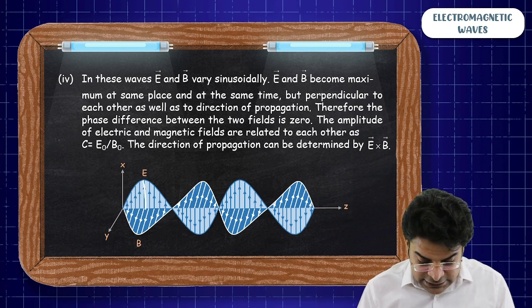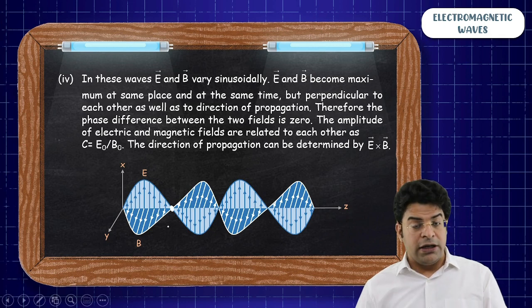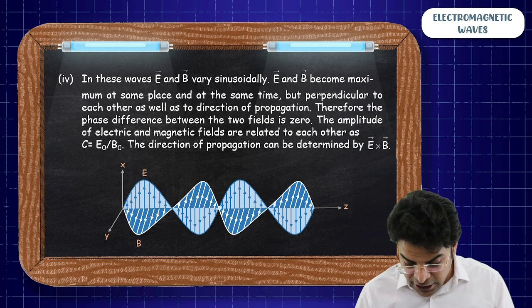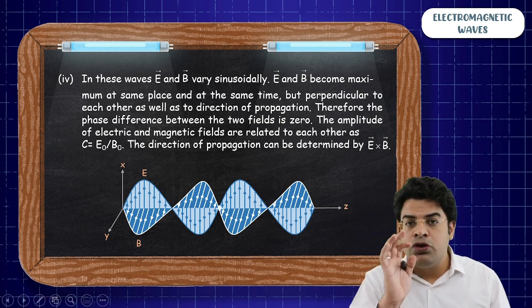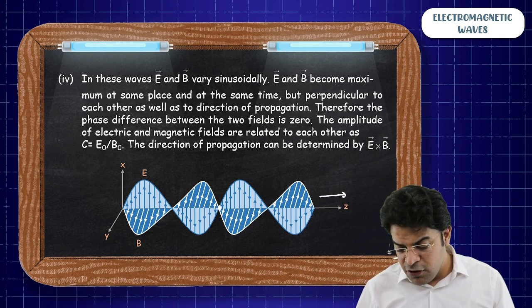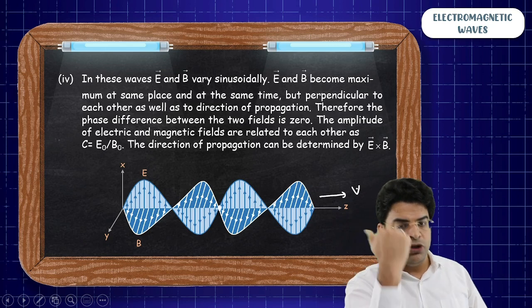Notice that at the same place they are maximum together, at the same place they are zero together, at the same place they are negative maximum together, then again at a place they are zero together. So both the EM waves are in the same phase, and the direction of propagation is the same as the direction of E cross B, towards positive x.